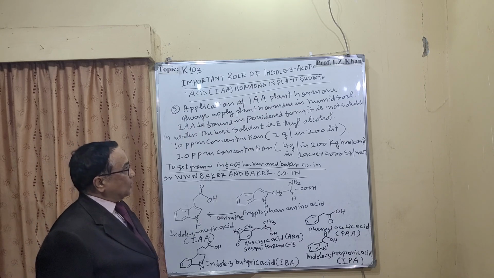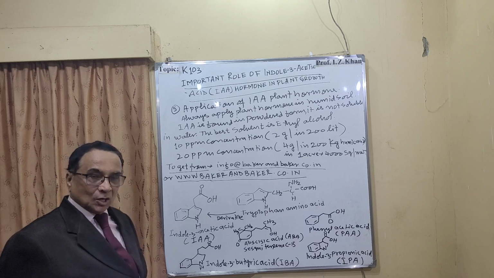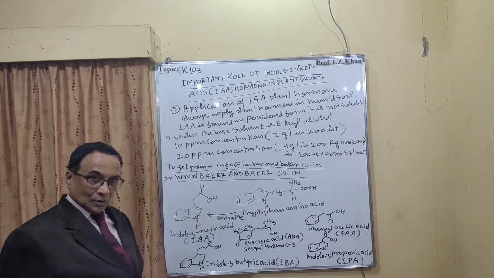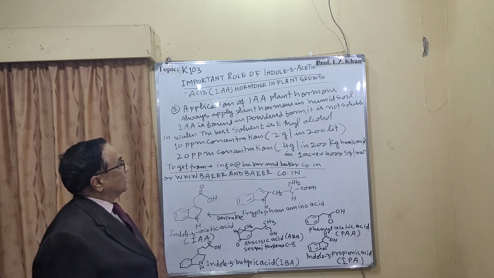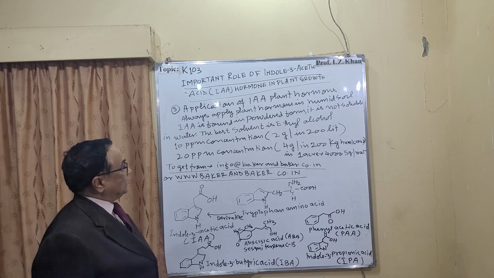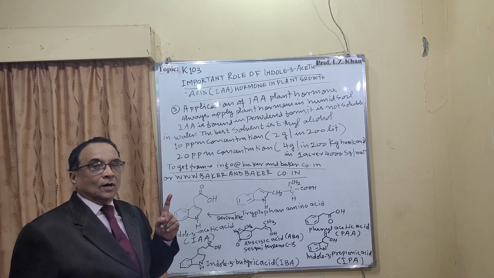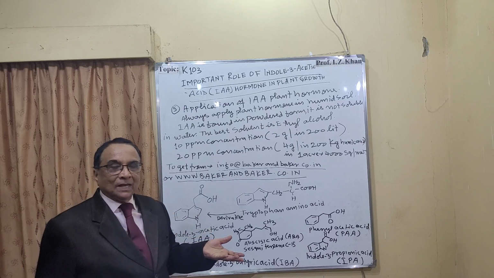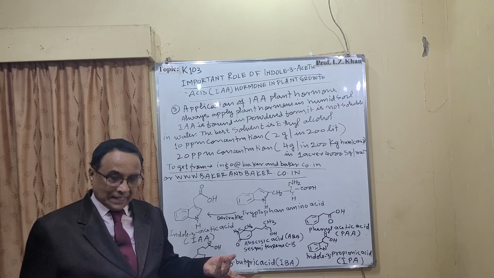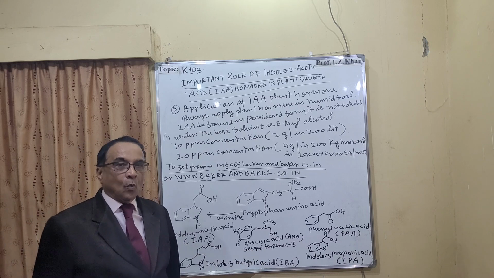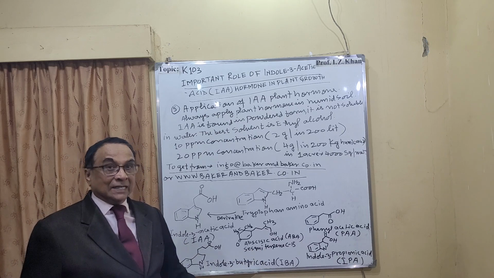IAA is found in powder form and is not soluble in water, so you have to dissolve it in ethyl alcohol and then apply. First dissolve a little quantity in maybe 100 ml of ethyl alcohol, then mix it in 200 liters of water and spray it in liquid form.